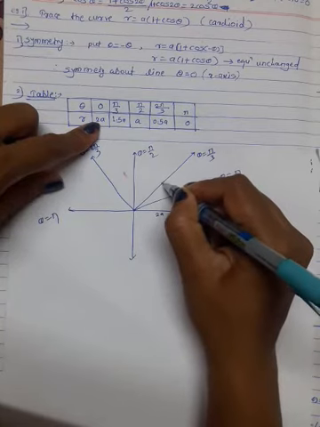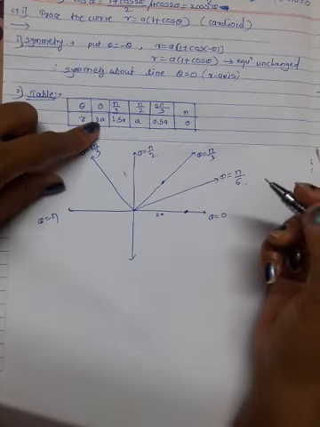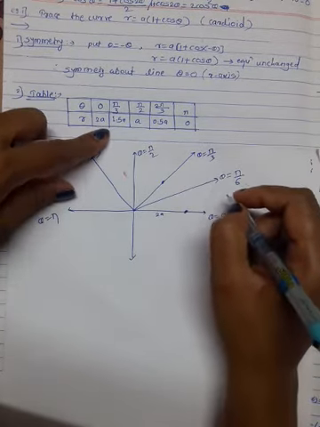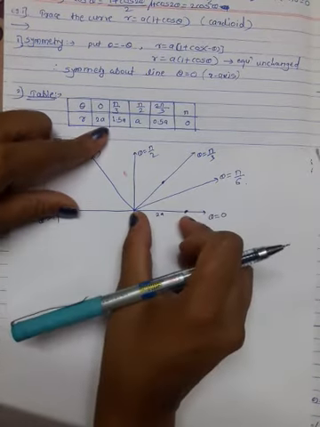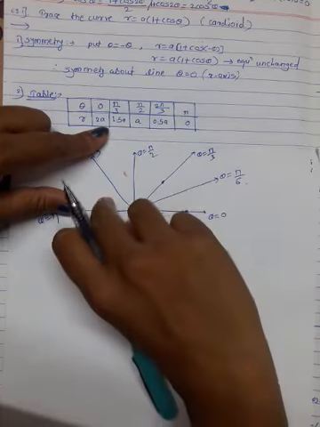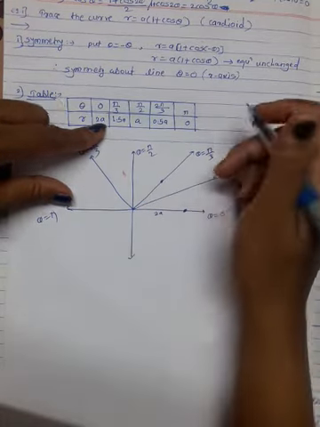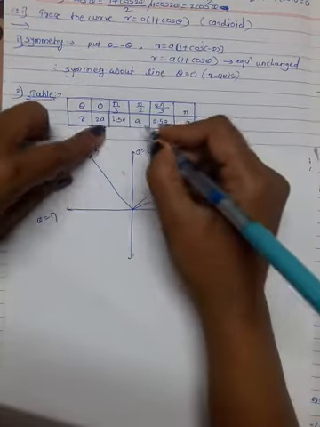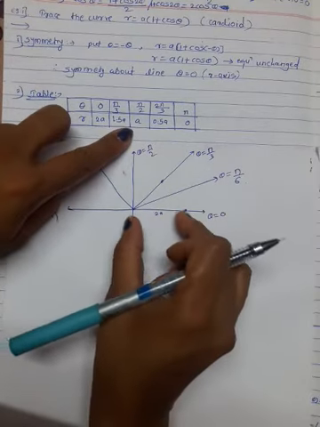Somewhere it is like this. Or rather you can take 4 centimeter, then 3 centimeter accordingly, and so on. Use the scale. Now at pi by 2 it is strictly a. This is 2a, this is a, that's why it is half of this.